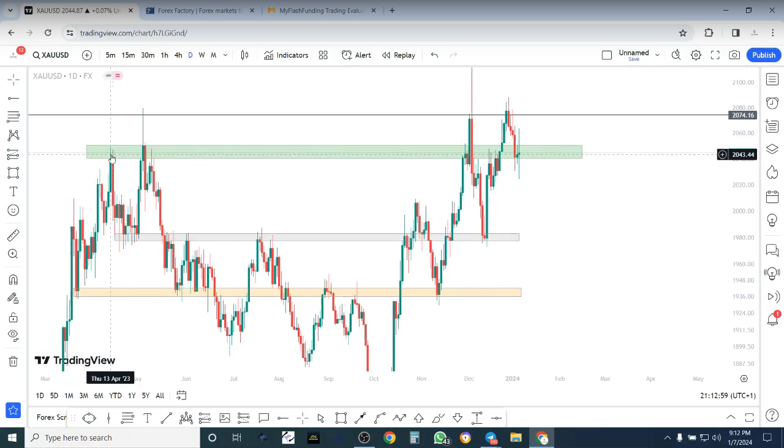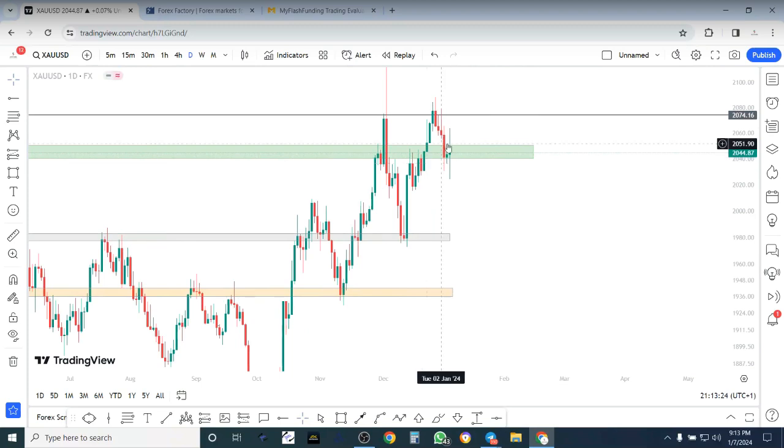Because this zone has been tested multiple times, even though price broke above it, I was expecting a bounce. The bounce happened, but it was not significant. So my analysis on gold last week was not really solid. It didn't play out the way I'd love it to. But we're still around here.